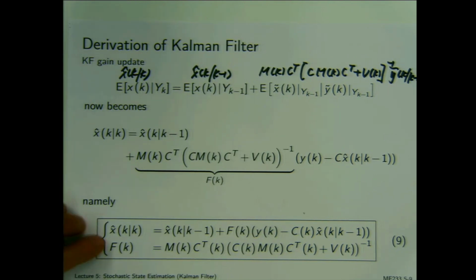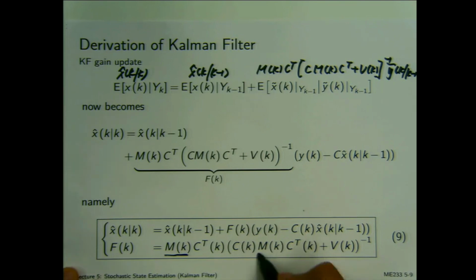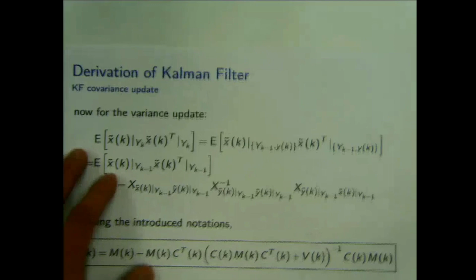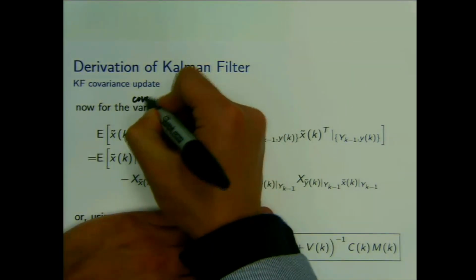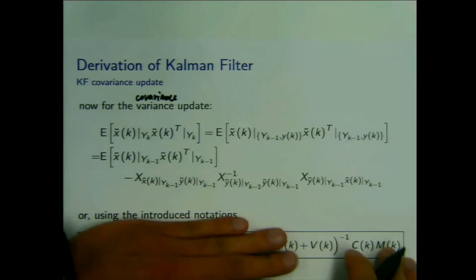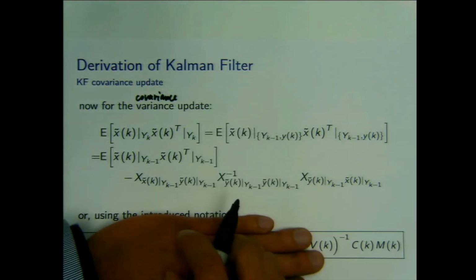Just by looking at this equation here, what are the terms that we don't currently know how to get yet? Yes. You see, these we know, but I haven't talked about how to do the variance update. More accurately, it should be covariance. How to obtain the update equation for m of k.